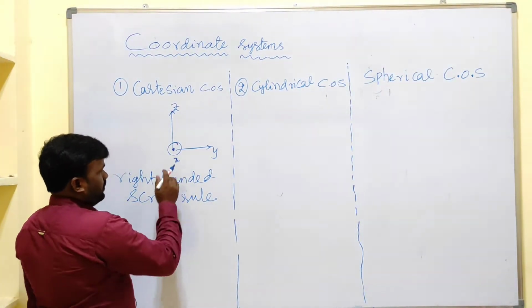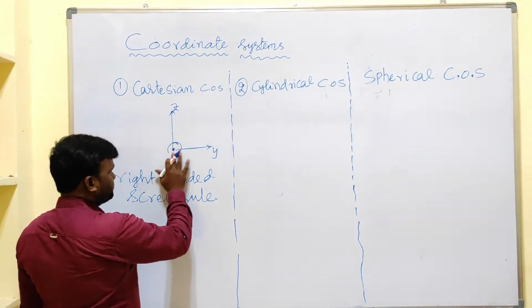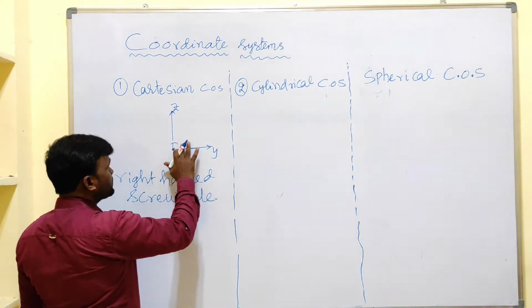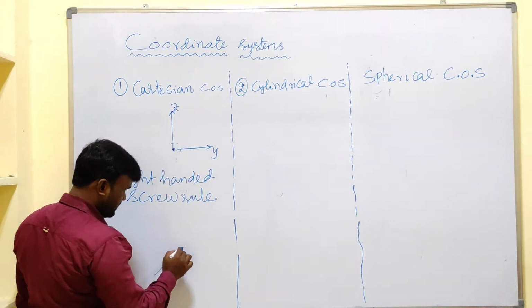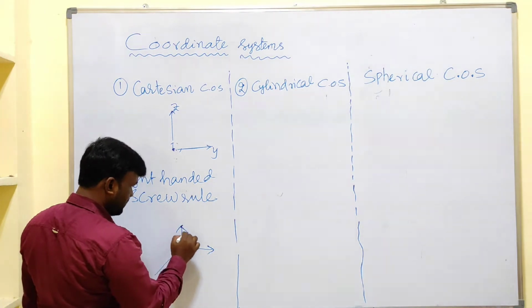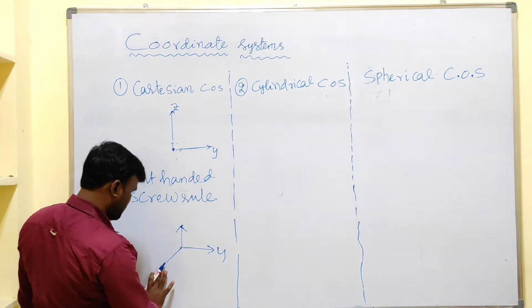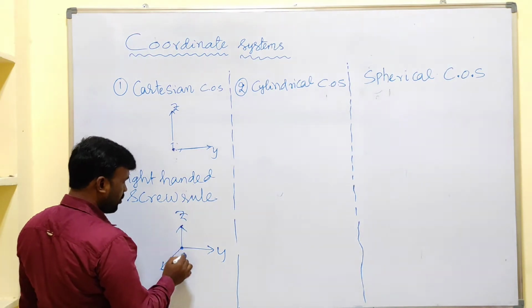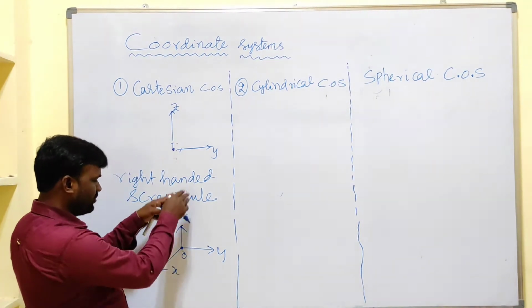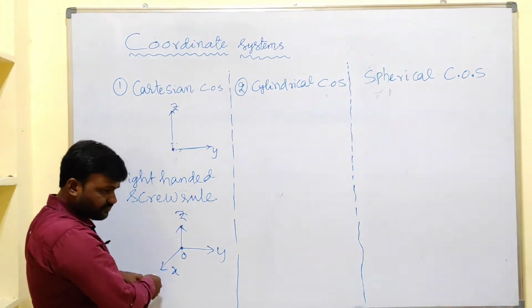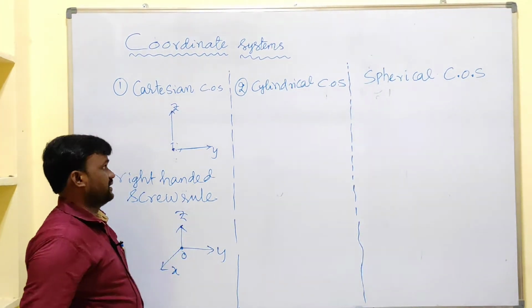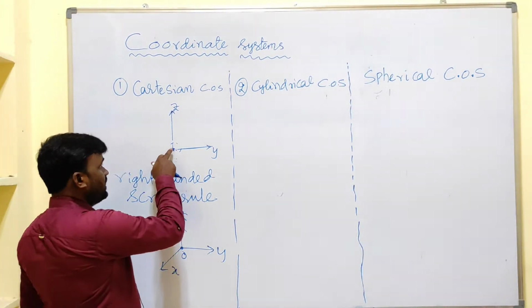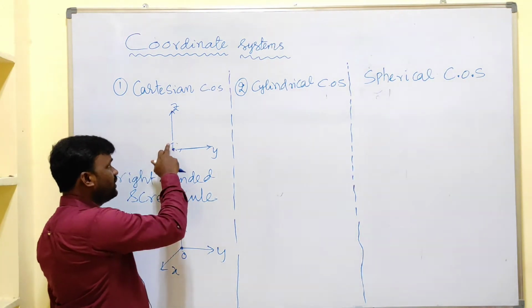For the understanding purpose, later I will draw this yz like this. This is your y and it is our x, z. It is the origin point. For understanding purposes only, in our books we may represent it like this. Basically x is into the board or out of the board.